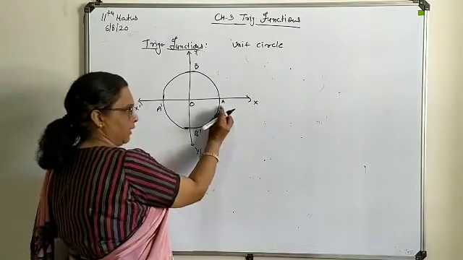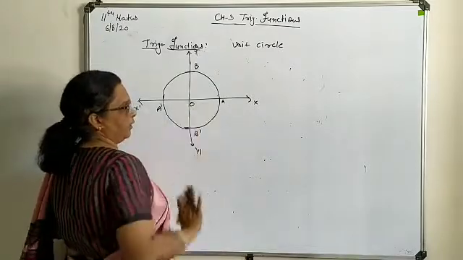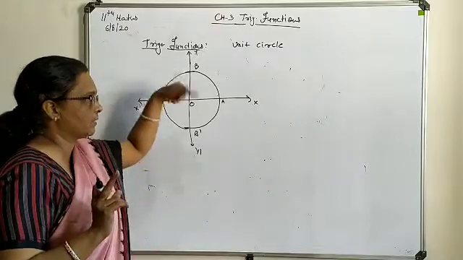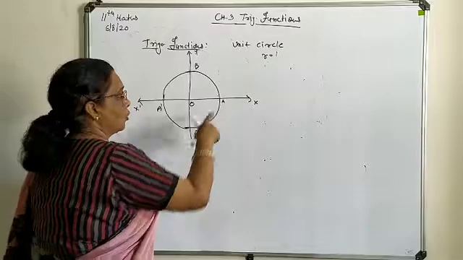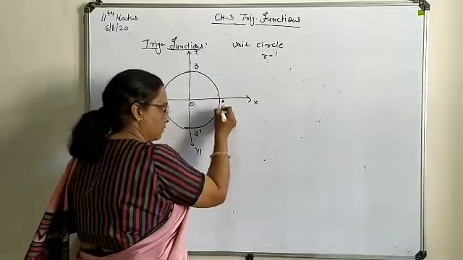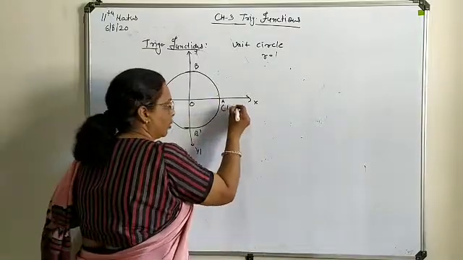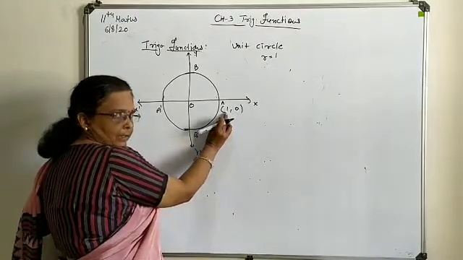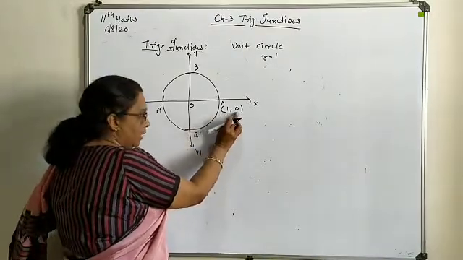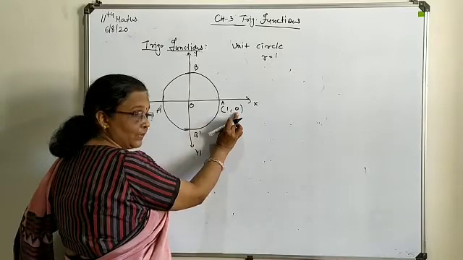Now first on the x-axis, obviously this x coordinate will have value 1, as it is a unit circle, meaning the radius is 1. So the coordinate of A you can write as (1, 0), meaning cos theta has value 1 and sin theta has value 0.